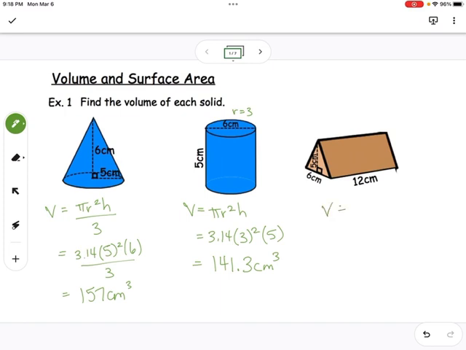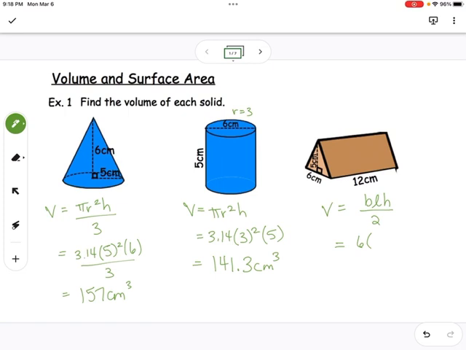The last shape on the slide here is a triangular prism. The formula is base times length times height divided by 2. Looking at the diagram on the side of the formula sheet, the base is the base of the triangle, which is 6 centimeters.